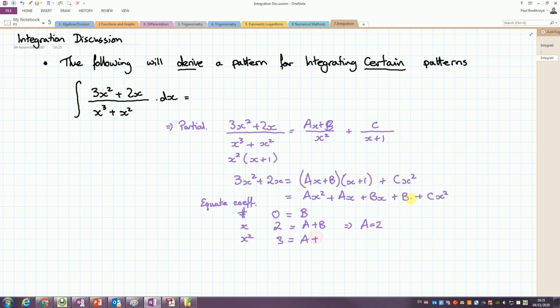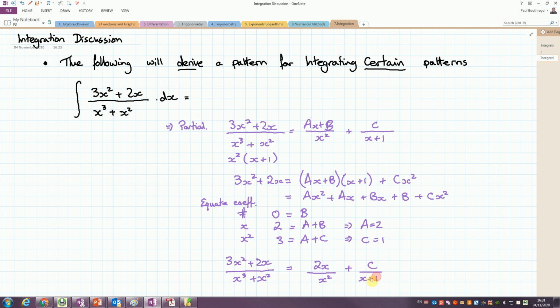So the integral has now turned into a separated out integral. Take that part and represent it in terms of ax, so that's 2x divided by x squared, plus c over x plus 1. And what we need to realise now is we're going to integrate each term separately.